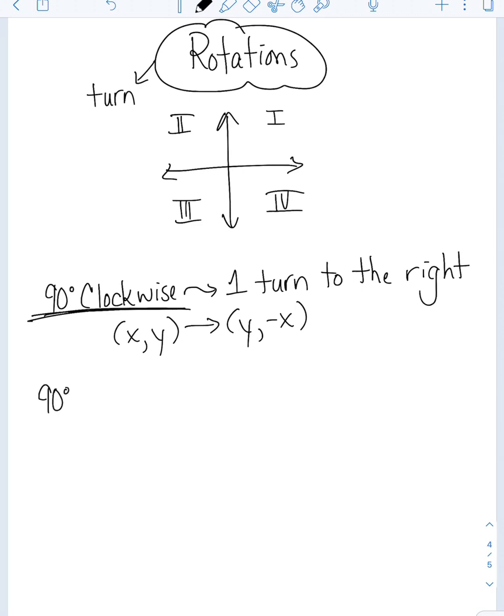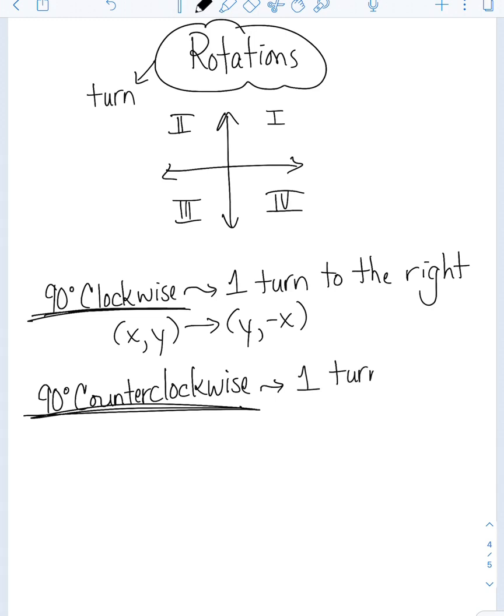The second kind is a 90 degrees counterclockwise. Counterclockwise is to the left because that's the opposite way. Counter means opposite way that a clock goes. So 90 degrees is one turn to the left.